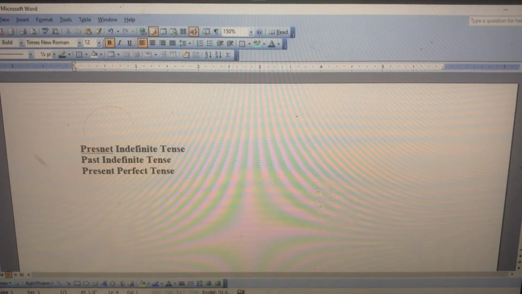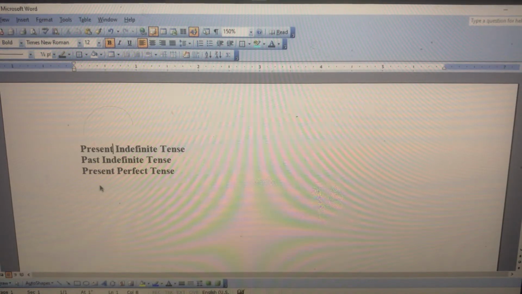These three tenses you should know, and you should frequently use them. Present indefinite, past indefinite, and present perfect tense. Now, this is your cleverness, okay? This is your style, your way of writing, that you should not use one tense continuously, right?